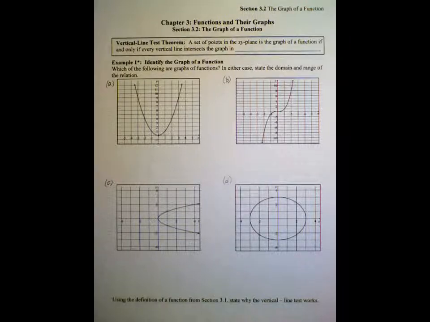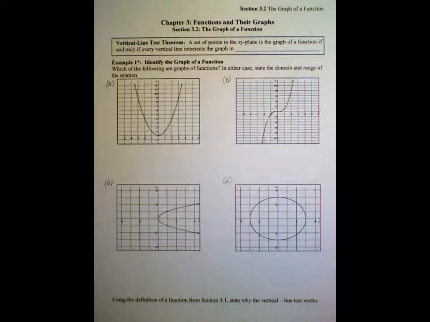Now, what if we were given a graph of a relation and we're to determine whether or not that relation is that special subset called a function? So what we can use to determine this is something called the vertical line test.